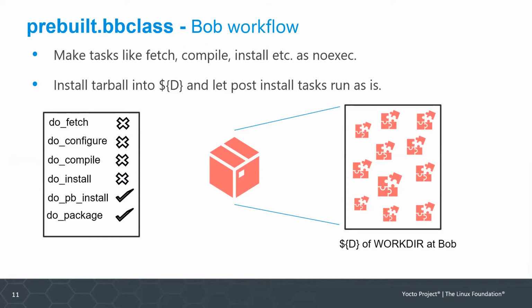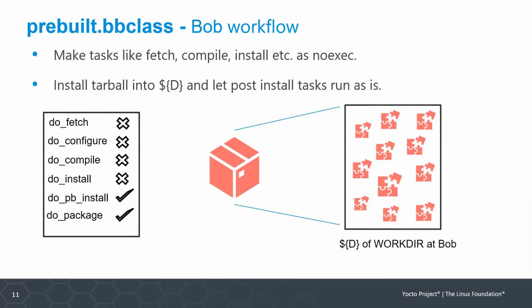The class will mask the tasks like fetch, compile, install, and mark them as not executable tasks. The do install is replaced with a custom task called do pre-built install. And the post installation tasks like packaging, QA are expected to run as is.